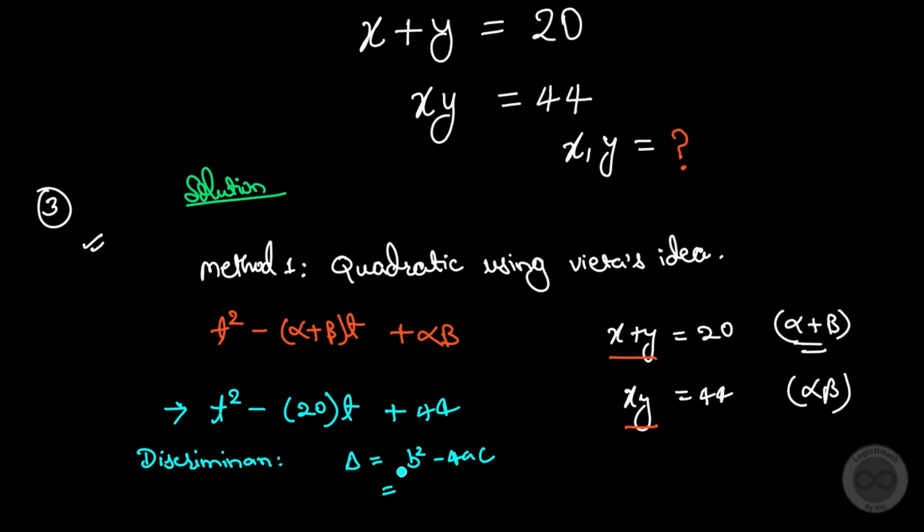So our b is minus 20, so minus 20 squared, minus 4 times a, which is 1, and c, which is 44. This gives 400 minus 176.